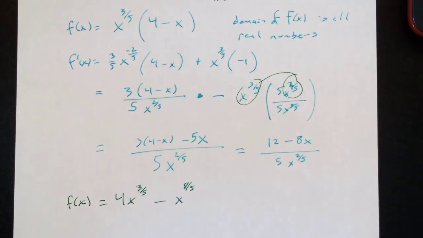Multiply those together and you get? When I multiply together, I add the powers. 3/5 and 2/5 is 5x to the first.